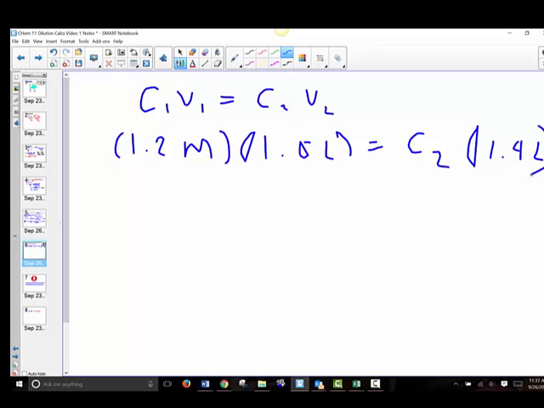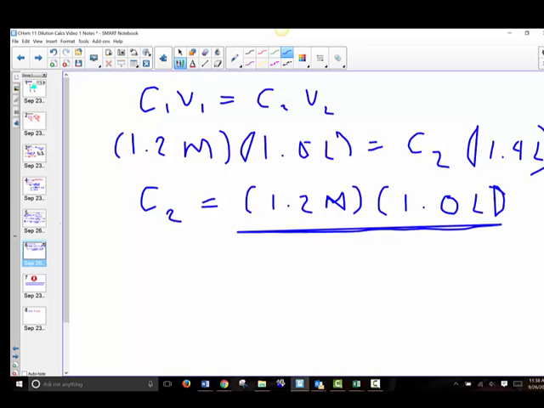So C2 is going to be equal to my 1.2 moles per liter multiplied by 1 liter, divided by V2, which is 1.4 liters. And my answer here is going to come out to be 0.857 moles per liter.